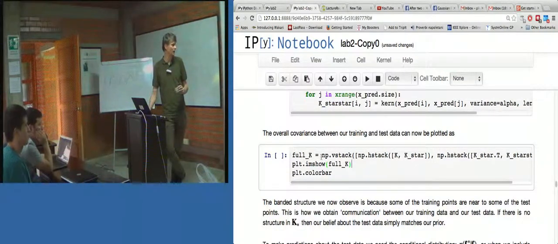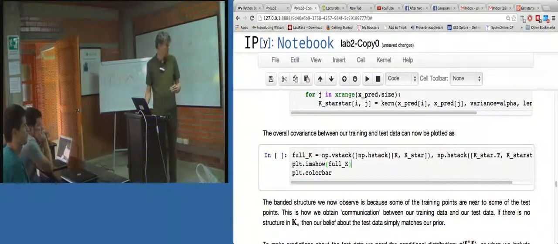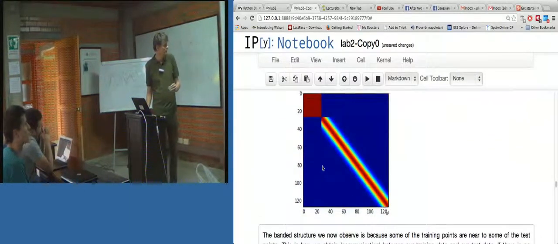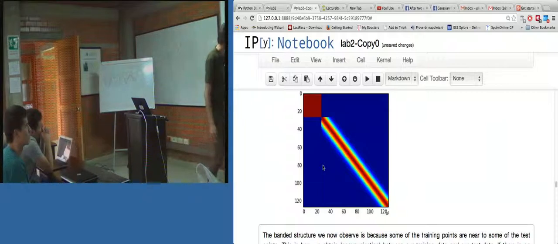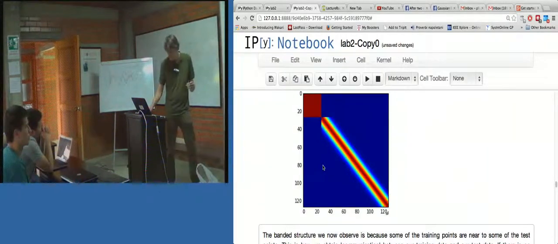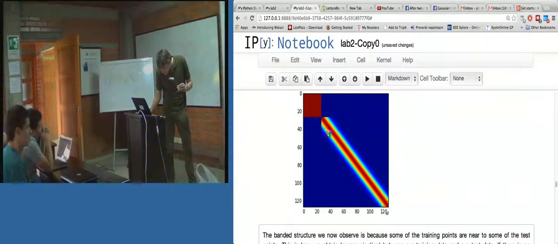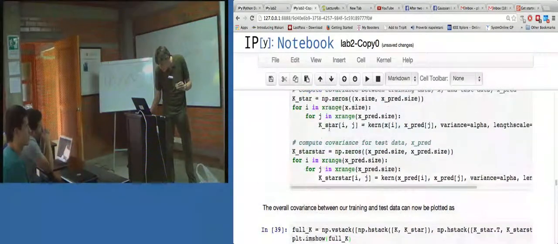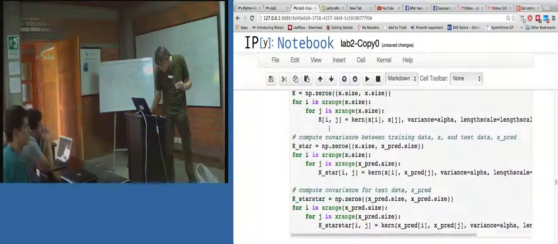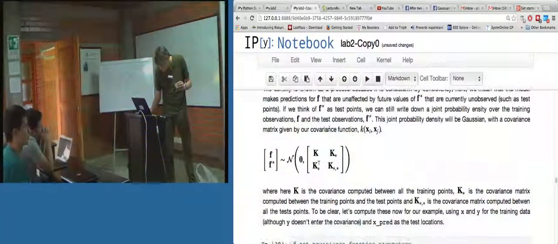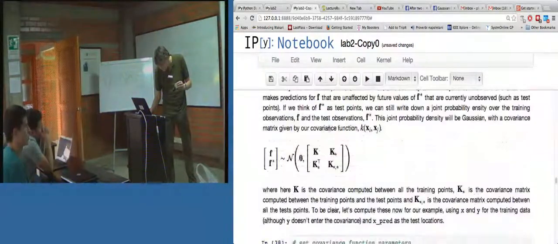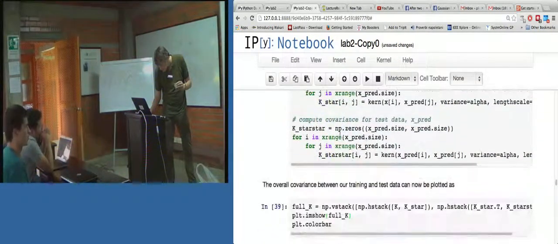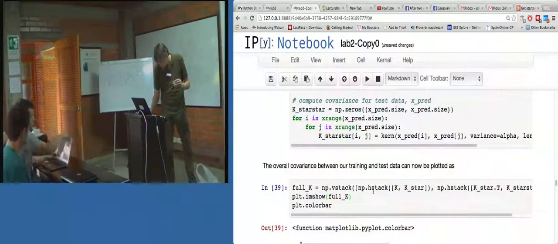now I've got this matrix full K. So full K, oh, it didn't come out that well. Why does that not come out that well? The color's not very good. Something's wrong. So I've got a problem here.